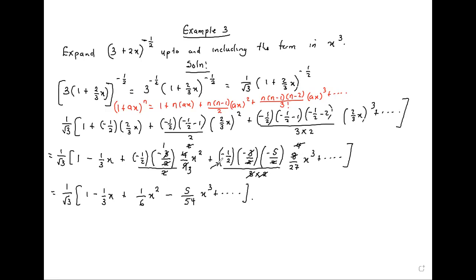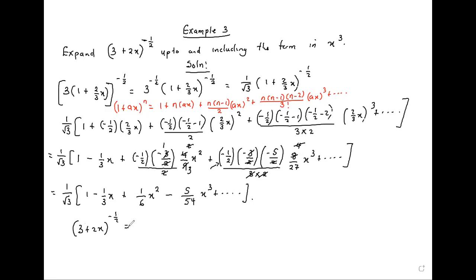All right, thank you. So you mean that if you don't factorize the 3, how will they consider the answer, or is it one and the same, even that one is correct? It is one and the same, except that, look, if you don't factor this number out, what you'll be dealing with is 3 plus 2x to the power negative half.